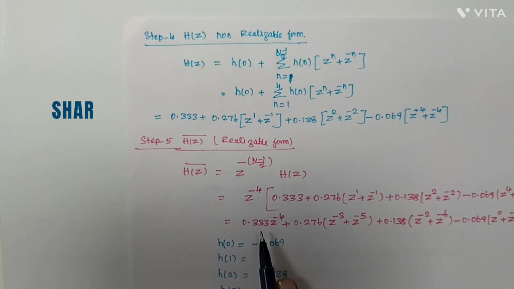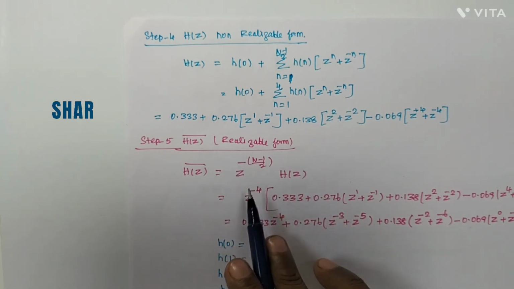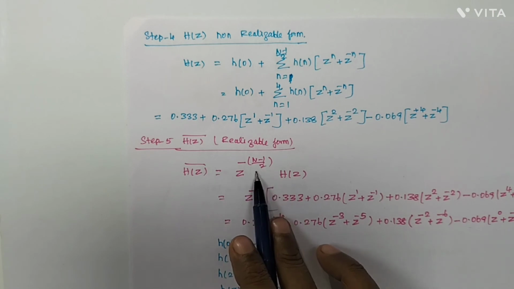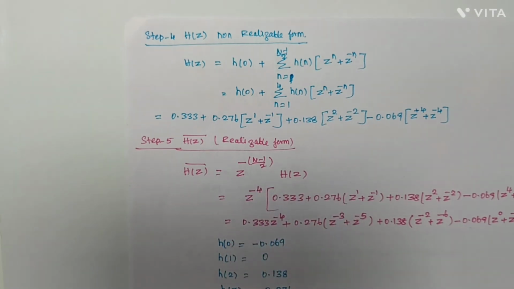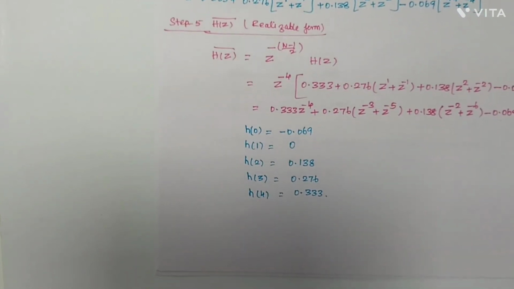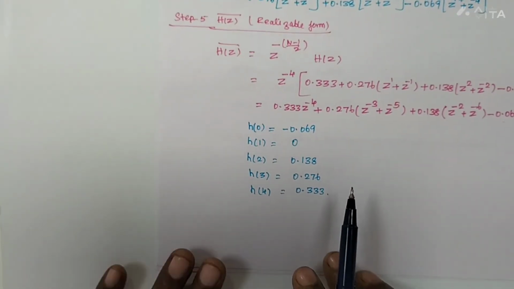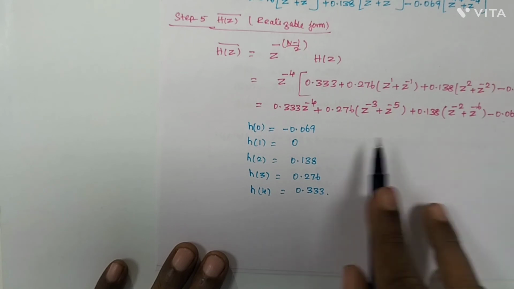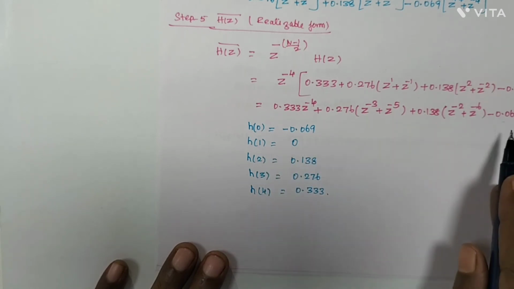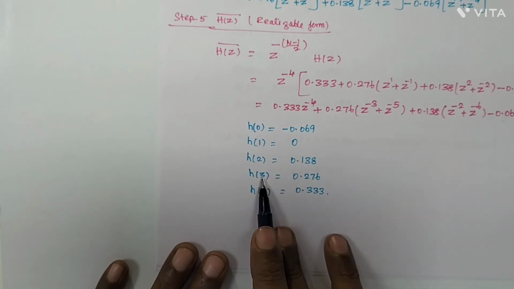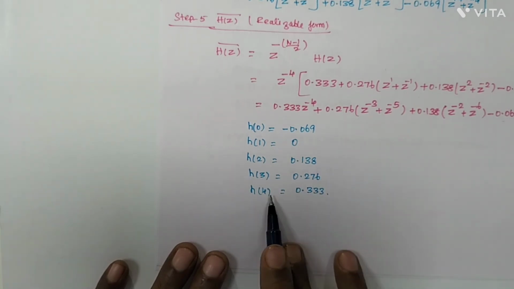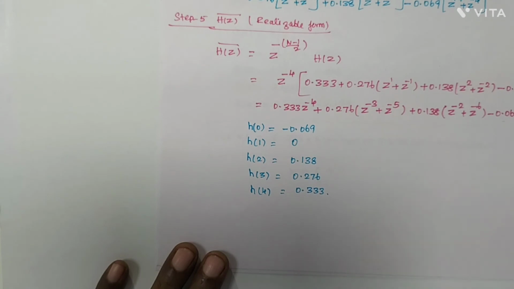And similarly, for the realizable form, you just multiply by z power minus n minus 1 by 2 into h of z. So from that realizable form, we have to arrive at the new filter coefficients. H of 0 minus 0.69, h of 1 0, h of 2 minus 0.138, h of 3 0.276, h of 4 0.33.